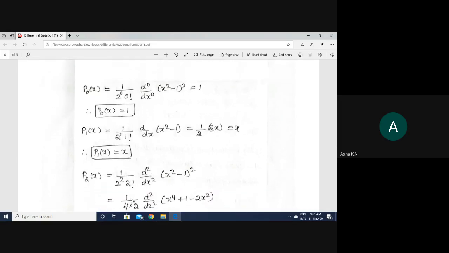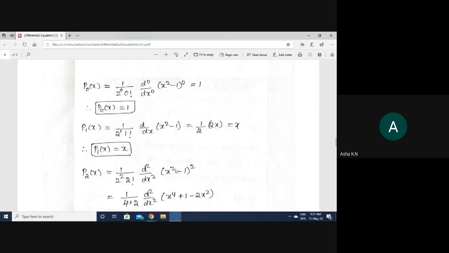Okay. So this a minus b whole square expansion is a square, which is x power 4, plus b square, which is 1, minus 2ab, minus 2x square into 1. And then the denominator here: 2 square is 4, 2 factorial is 2. Now we have to differentiate this term twice.